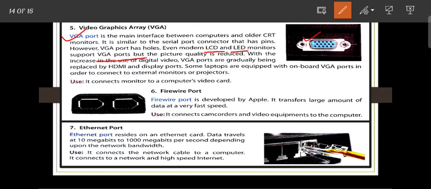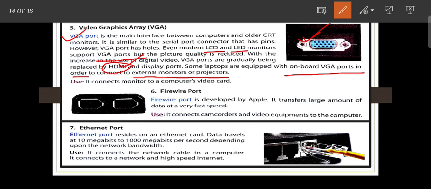This is the VGA port. The picture quality is reduced. With the increase in the use of digital video, VGA ports are gradually being replaced by the HDMI port. Some laptops are equipped with an onboard VGA port in order to connect an external monitor or projector. So this port is mainly used to connect monitors like LCD, LED, or CRT monitors. Earlier monitors were called CRT monitors, and this VGA port is replaced by the HDMI port.